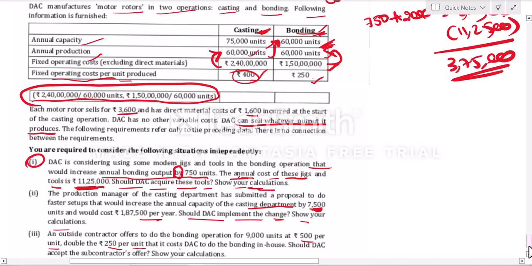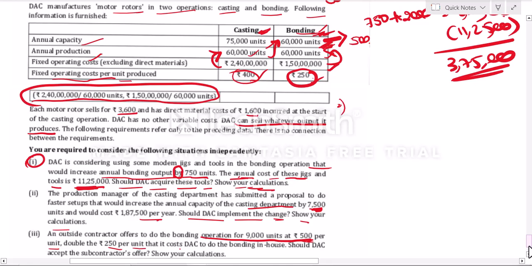the outside contractor offers bonding operations for 9,000 units at 500 per unit. Actually it is costing 250 per unit for us now, but he says he will do it for 500. So can we opt for that or not? They are asking. See, bonding is the bottleneck resource, and whatever they produce they can sell. So we should check whether paying 500 rupees for these extra 9,000 units is beneficial or not.